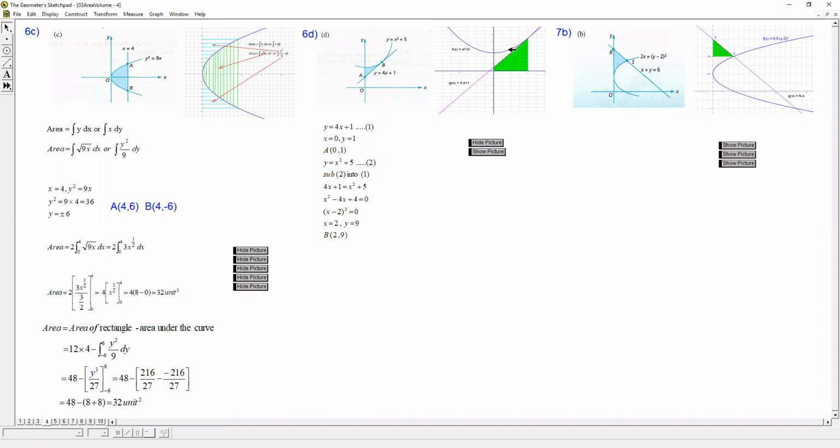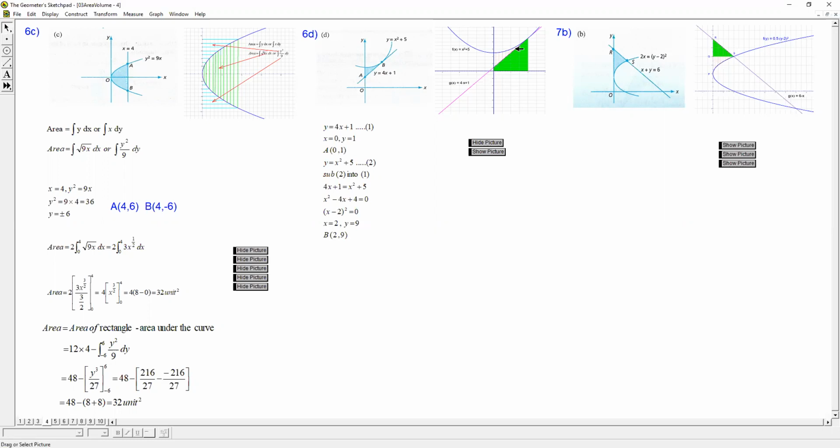Then we solve these two equations, the blue line and the purple line. You substitute and solve, then you get 2x equals 2, so x equals 2. Substituting back, you get y equals 9. So point B is (2, 9).